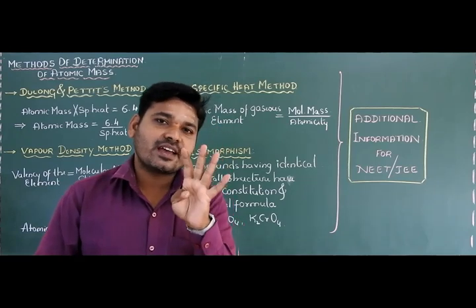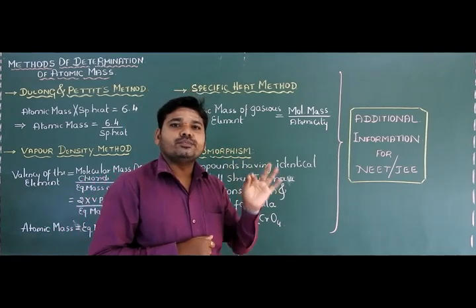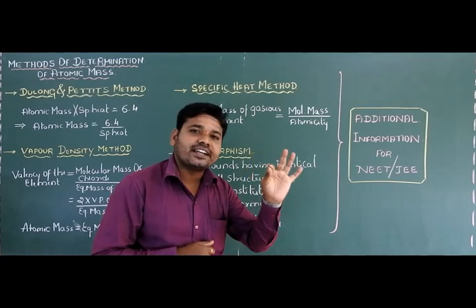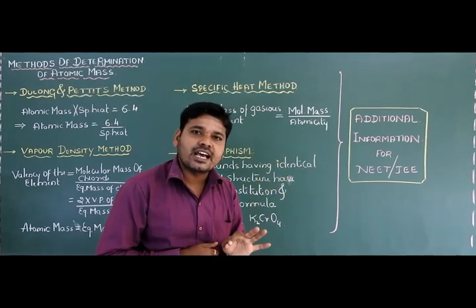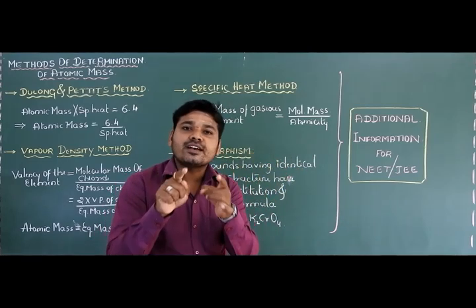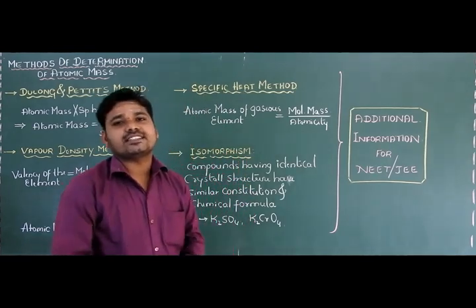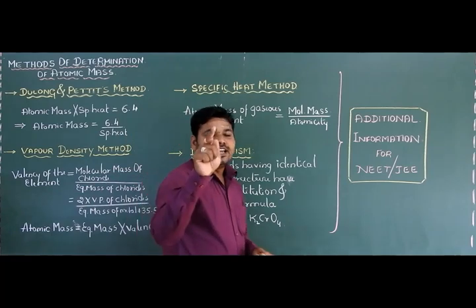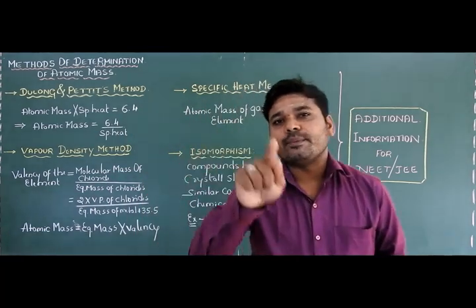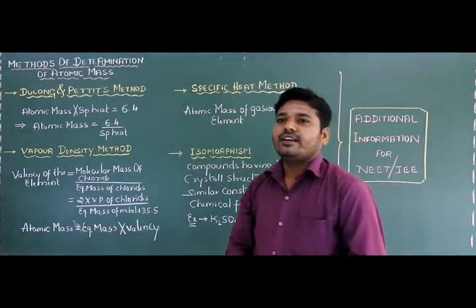Now the fourth step, add the atomic masses of all the atoms present in the given substance. You will get the total mass of the chemical substance, and this total mass itself we call the molecular mass of the chemical substance, students.